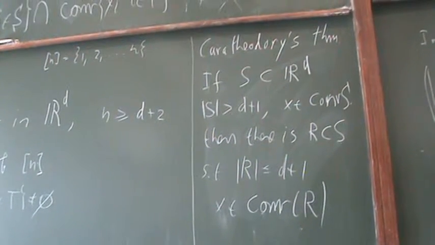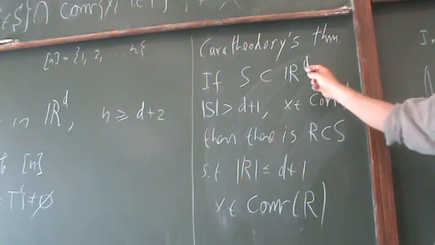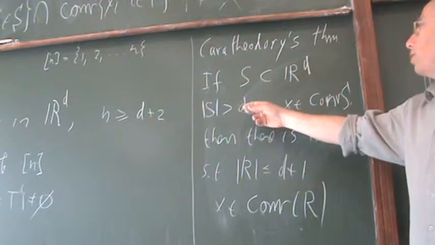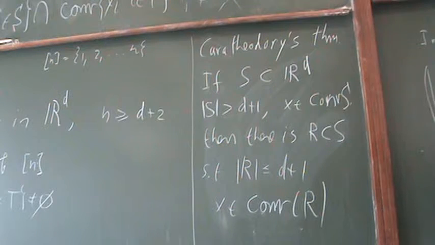If you have a point in the convex hull of some set of points S in R^d, a set with more than d plus 1 points, it's already in the convex hull of d plus 1 of the points. In the plane, if you have a point in the convex hull of some large set, it is already in the convex hull of 3 of the points. You can see that it's also best possible.